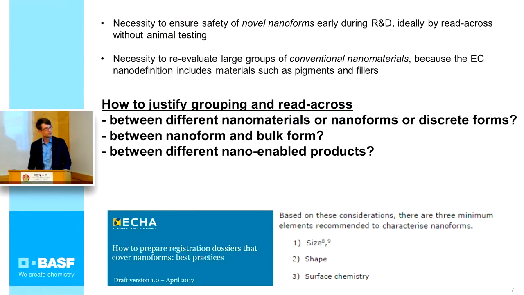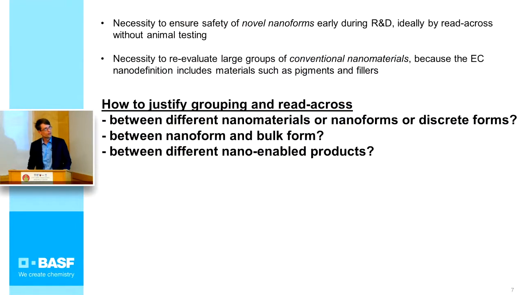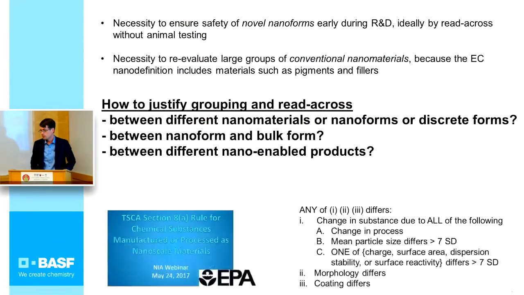EPA has something similar. EPA has published a reporting scheme which will probably come into action soon, and they differentiate what they call discrete forms, which is very similar but not identical. So discrete form is defined by morphology or a coating or different descriptors of size.